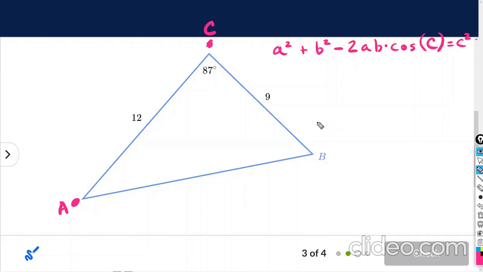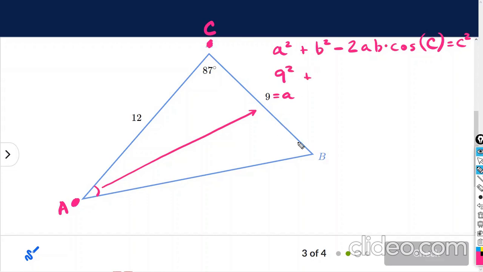Like we said, lowercase a is the side length that's across from angle A. So going from angle A and going across, this side length here is going to be the lowercase a. In place of a squared, that's going to be 9 squared.